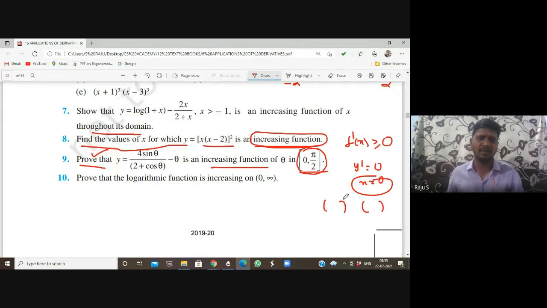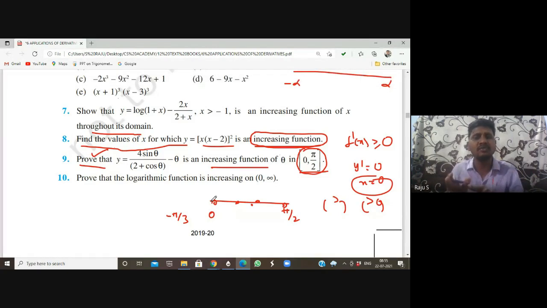In each subinterval, it is greater than 0. That's all. Real line is not used here, 0 to pi by 2 alone you can take. Critical points we should get here may be like 30, 45, 60. In case you are getting negative values, for example minus 30, you don't consider that. That value does not belong to the given interval.